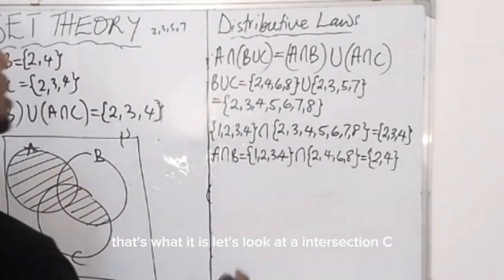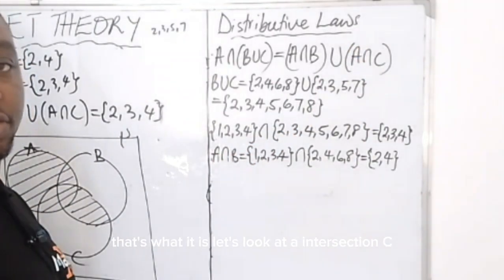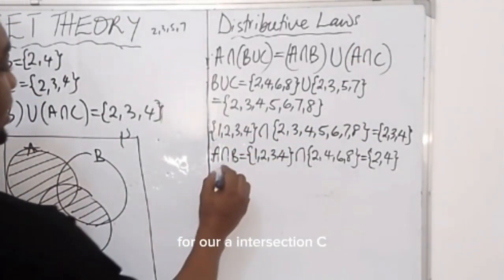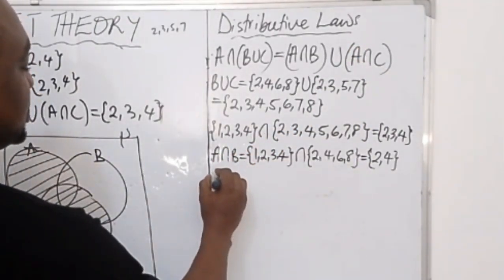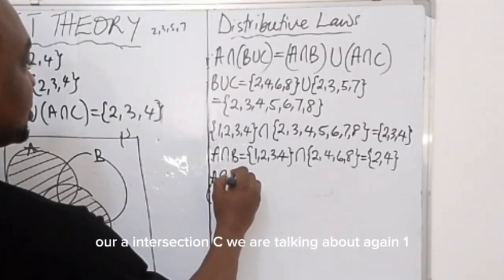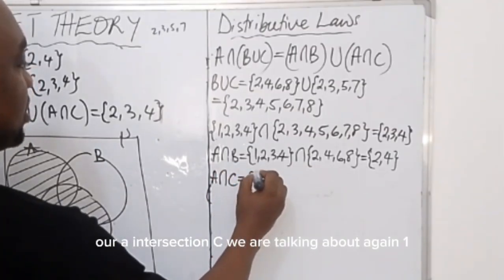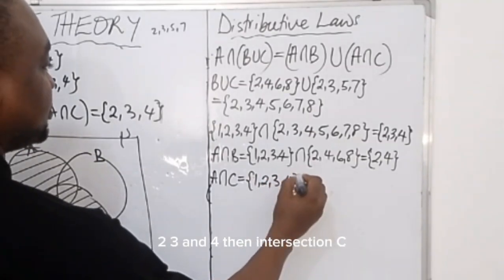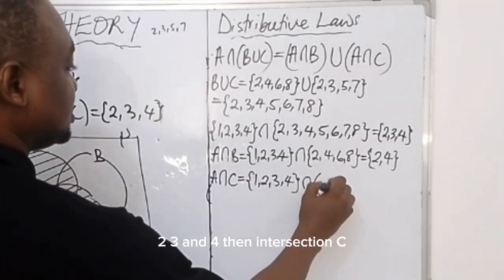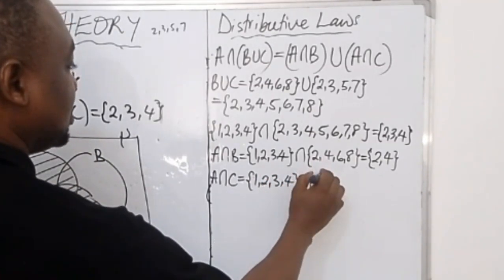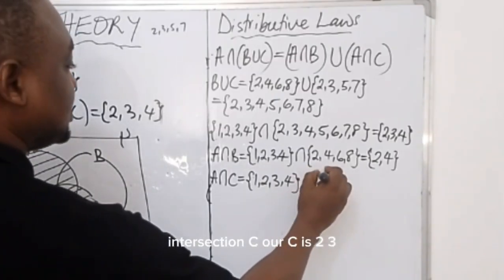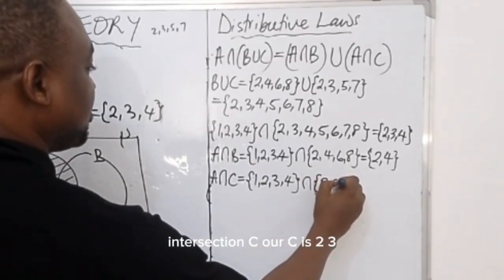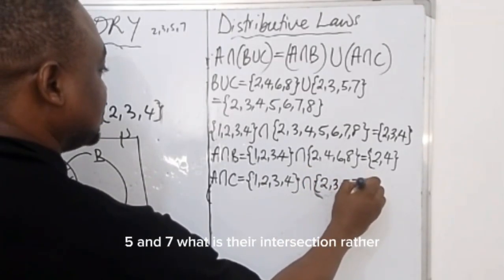Let's look at A intersection C. For our A intersection C, we're talking about, again, 1, 2, 3, and 4. Then intersection C, our C is 2, 3, 5, and 7.